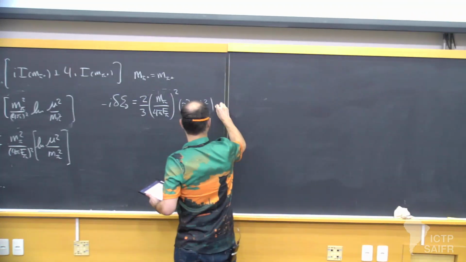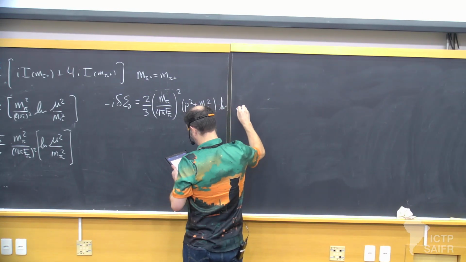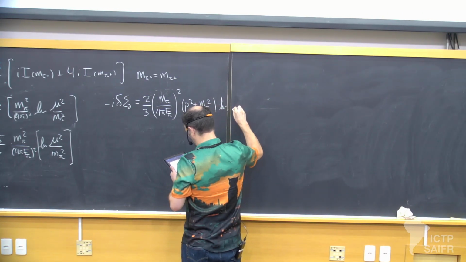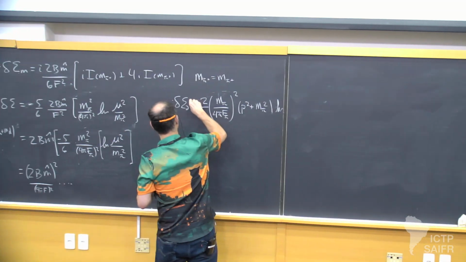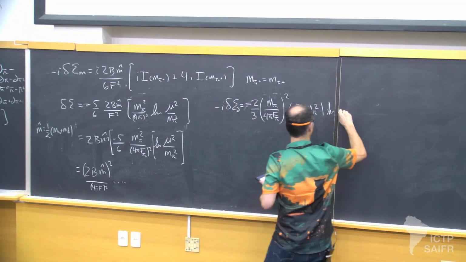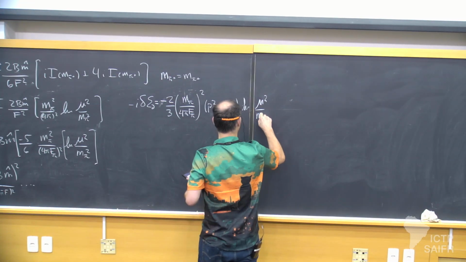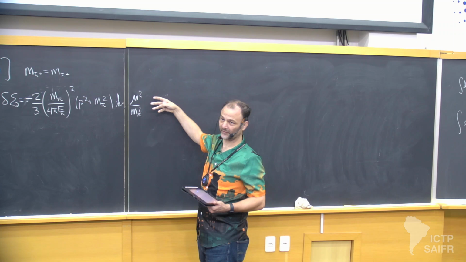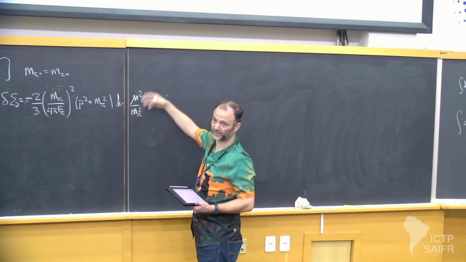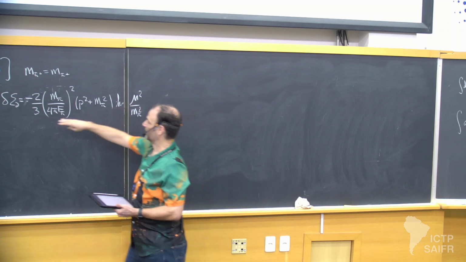And this is times log. Minus, so I can keep the mu squared over m_pi squared the same. I usually write the m_pi squared on top, but that's a negative, because I always set mu to a large scale, so then it's negative, so this way it's positive, but then, all right.